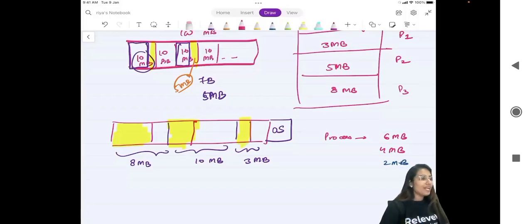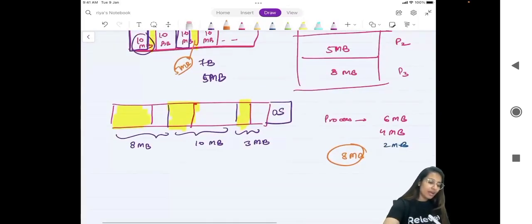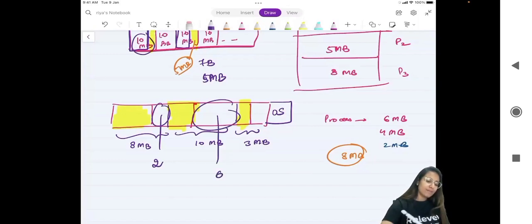Now let's say another process comes which is for 8 MB. The problem is that you cannot allocate space to this 8 MB process anywhere. But if you actually see now, here we had 2 MB of space, here we had 6 MB of space, and here we have 1 MB of space.